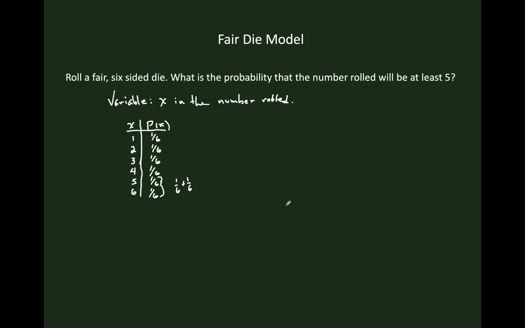The other way to display distributions is as relative frequency plots or as graphs. So I also want to display this distribution as a graph. And notice I have 2 axes. One I'm going to label X, and along this horizontal axis I'm going to put the possible values for the variable.